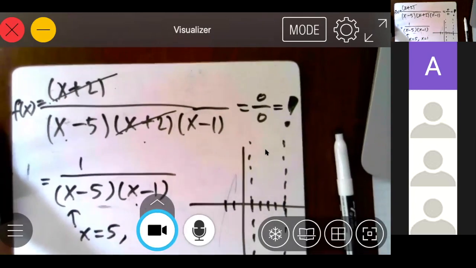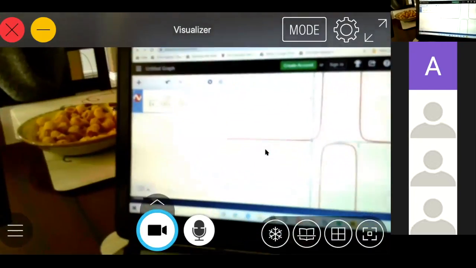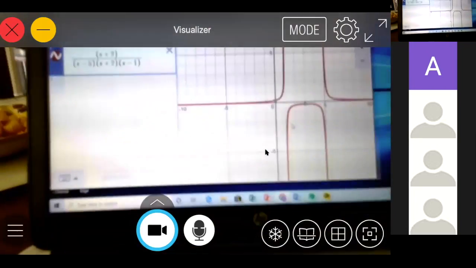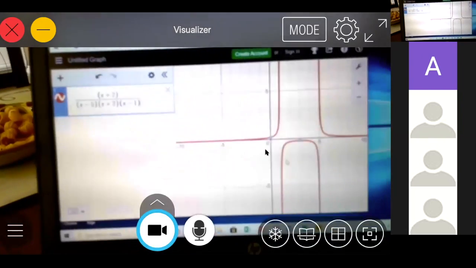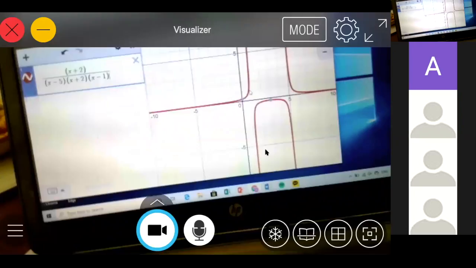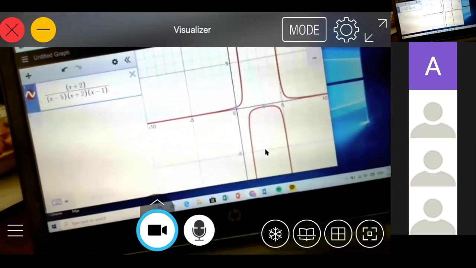Okay, so as we already figured out, there's a vertical asymptote at x equals 1 and x equals 5.